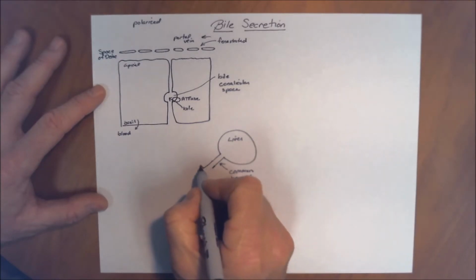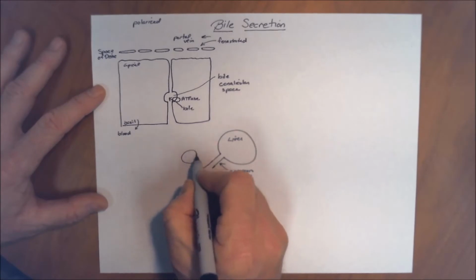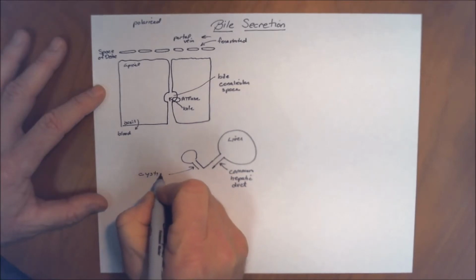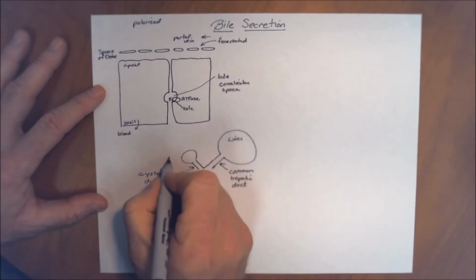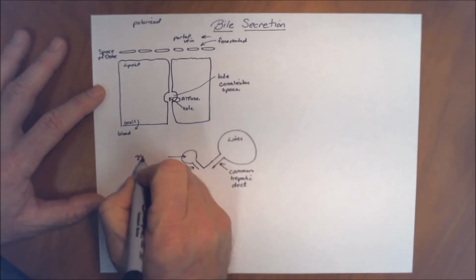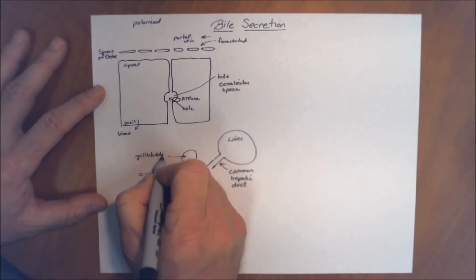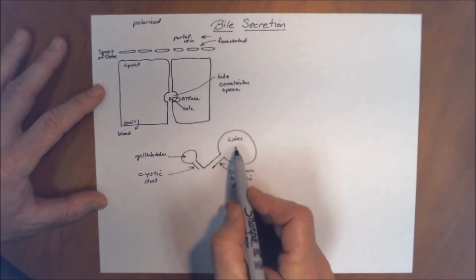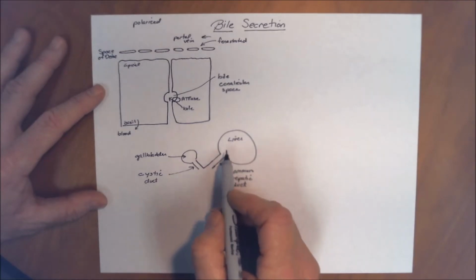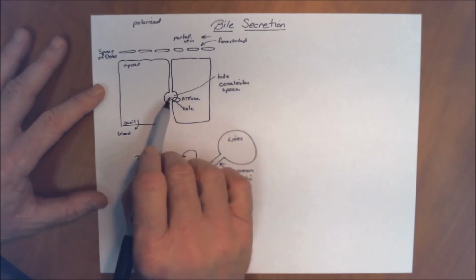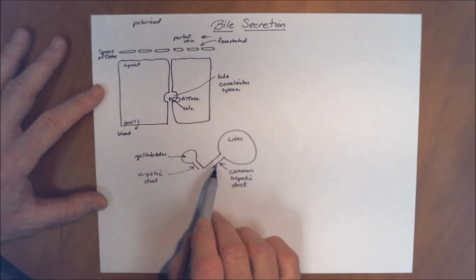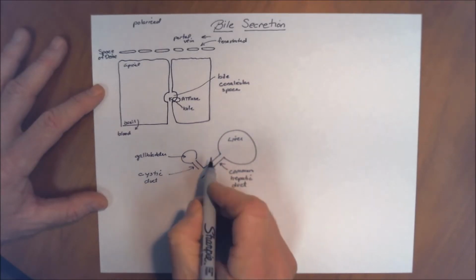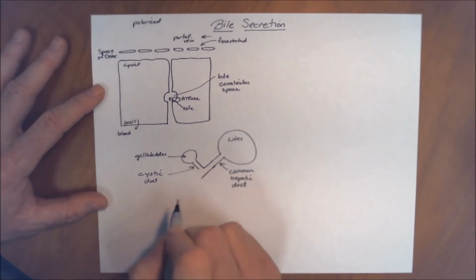This leads into the cystic duct, which of course leads into the storage of bile, which is the gallbladder. Now, under normal conditions, the liver is secreting the bile, going into the canalicular space. All of these ducts will coalesce into the common hepatic duct. This will come down the duct and then enter the gallbladder through the cystic duct.